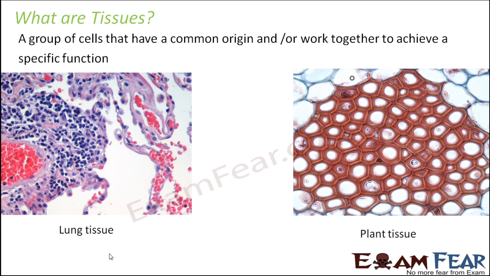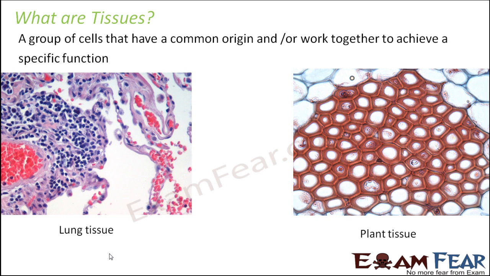Now, when we talk about tissues, plant tissues and animal tissues are not exactly similar. They are quite different from each other. If you look at the structure of a plant cell and an animal cell, even they are quite different. They're not completely different, but there are quite a few differences between a plant cell and an animal cell, which we have discussed in detail in our lesson on the cell.